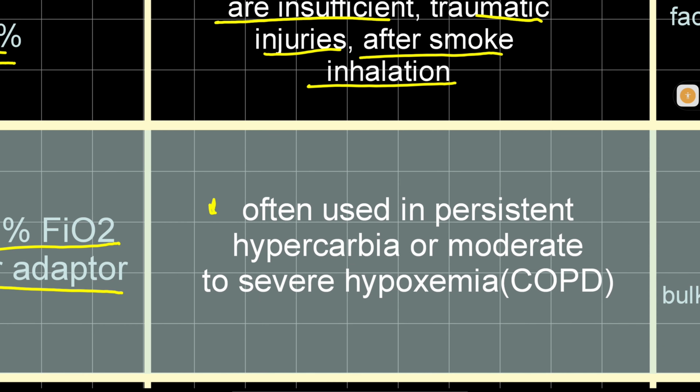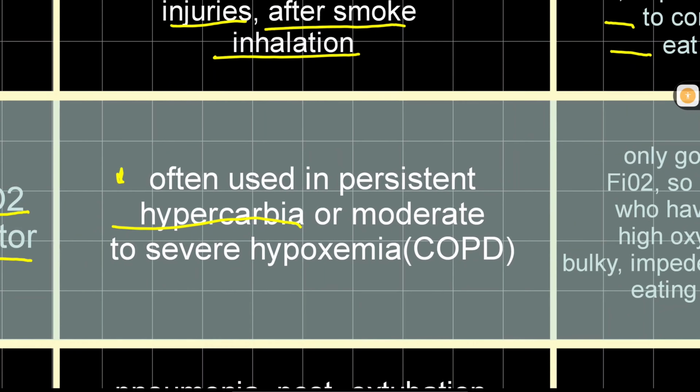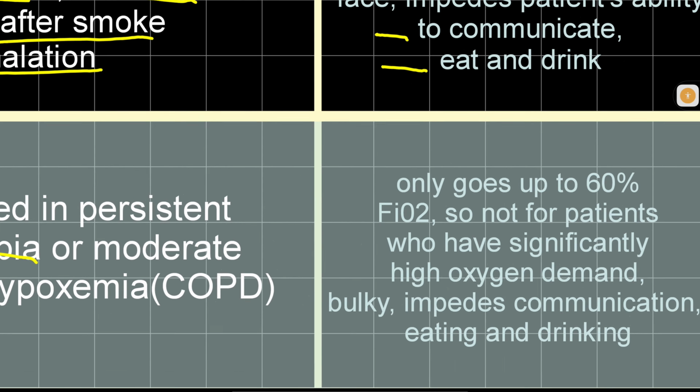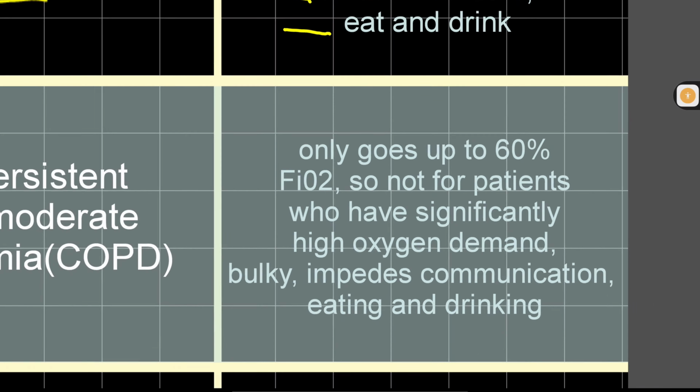Now, this is often used in persistent hypercarbia or moderate to severe hypoxemia in the case of COPD. What is hypercarbia? Hypercarbia is the excessive amount of carbon dioxide in the blood. Okay, hypercarbia. Now, this can be ruled out through your ABG, your blood gas, or your VBG, venous blood gas.